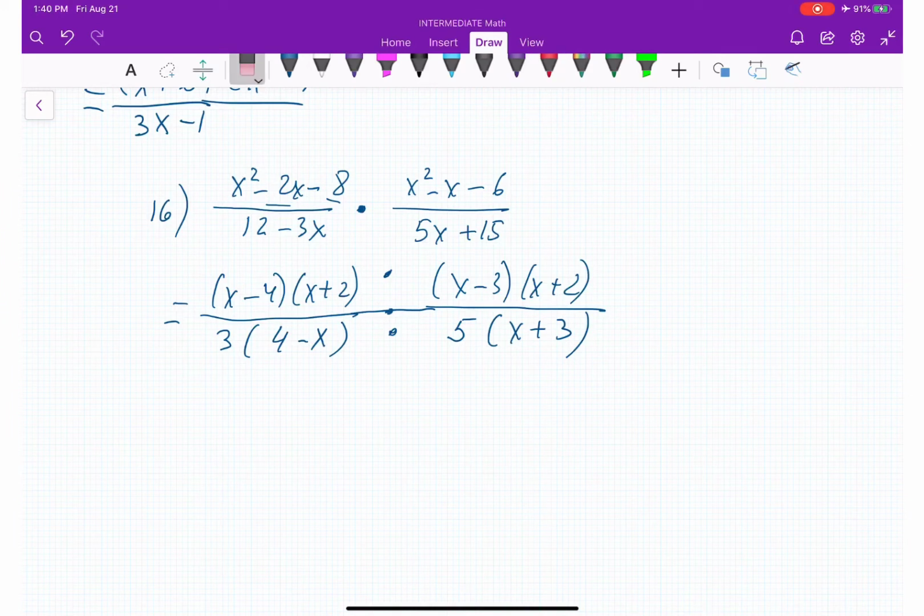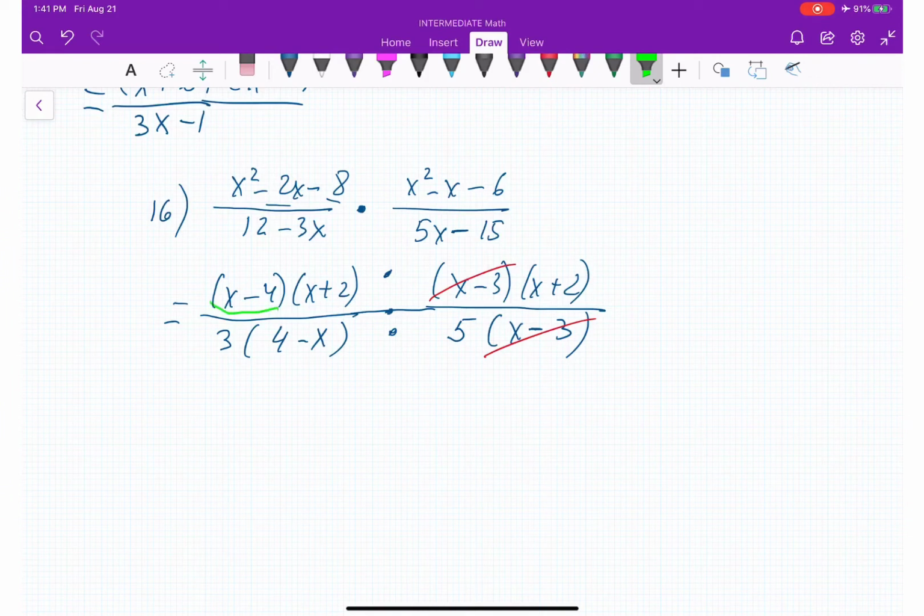Let me make it 5x minus 15. It would be more interesting. If I put x minus 3 here, now I can cancel x minus 3 with x minus 3. That's much nicer.